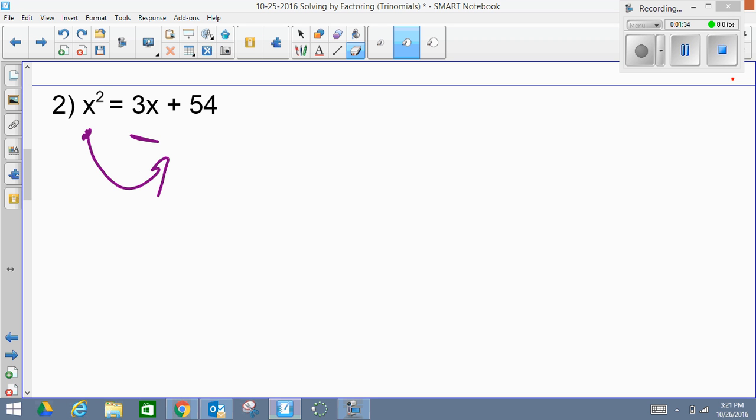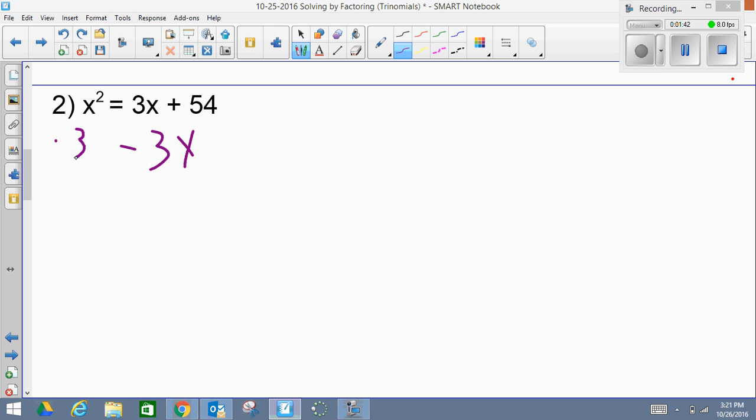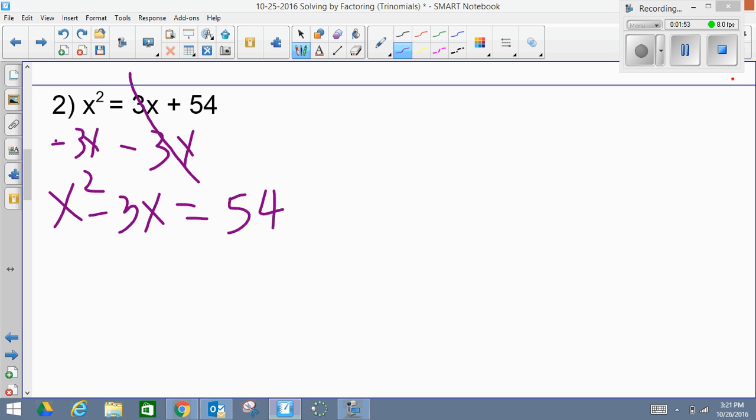Here you go. To get rid of the 3x, I see that it's positive, so I have to subtract. So minus 3x on the right side, minus 3x on the left side. And that's going to give me x squared minus 3x on the left equals, 3x minus 3x cancels, and I have 54 left. I've got to cancel the same thing with the 54. It's positive, so I do minus 54 on the right, minus 54 on the left.